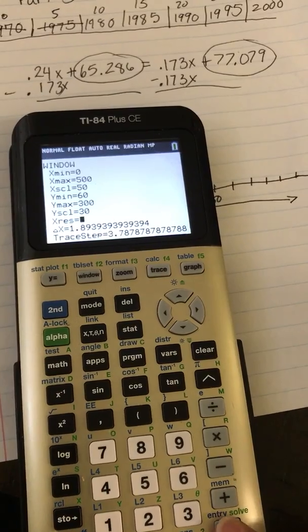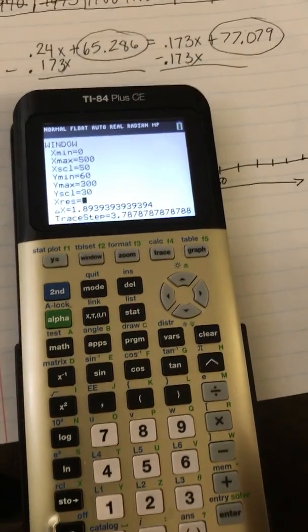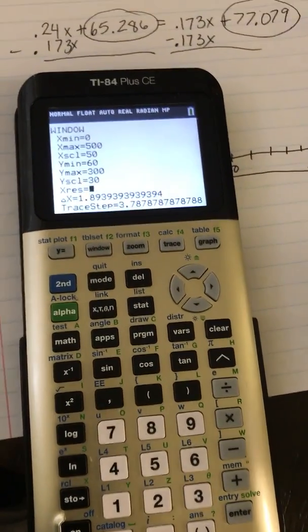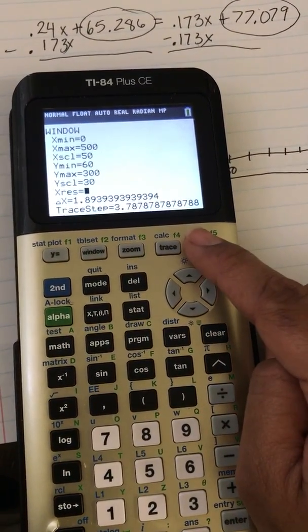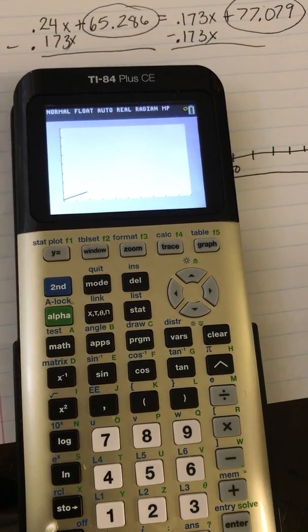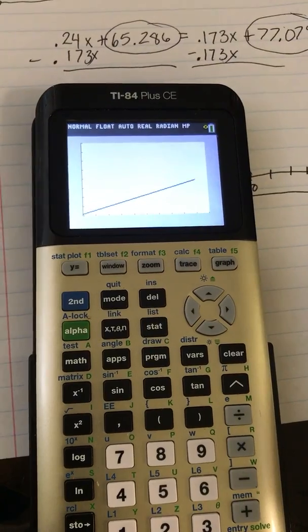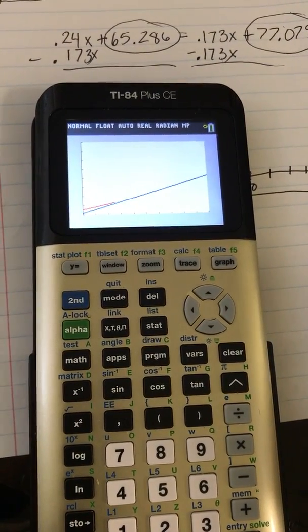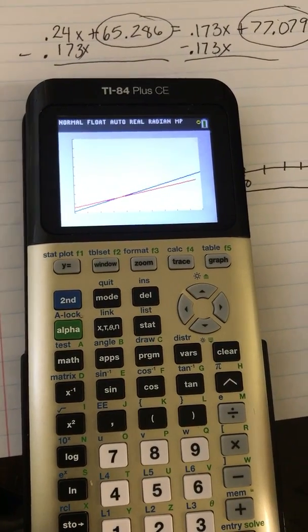You could do anything like 100, so you really don't even have to change that. But I kind of like to do that. So let me graph using this data here. There's my first line. Here's the second line, and it does look like I see the intersection there.